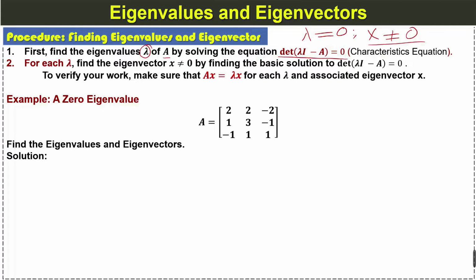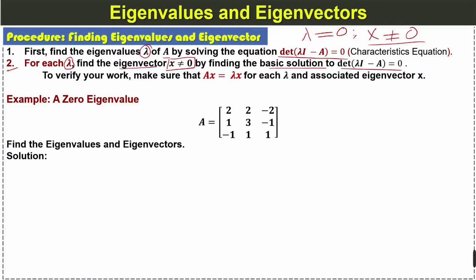Second, for each lambda, we find the eigenvector x, not equal to 0, by finding the basic solution to this characteristic equation.